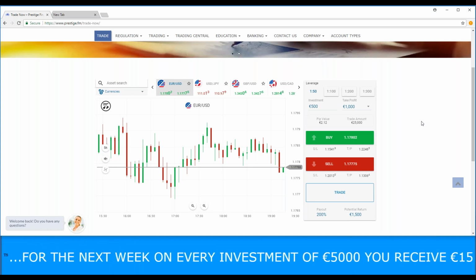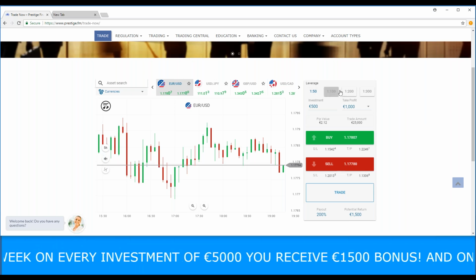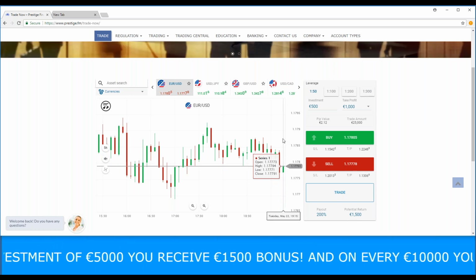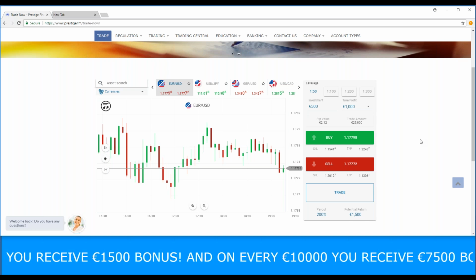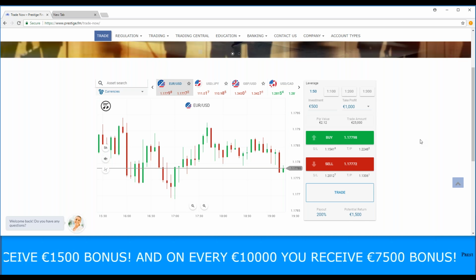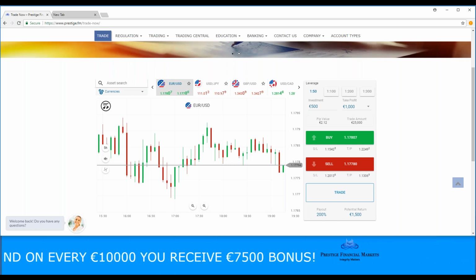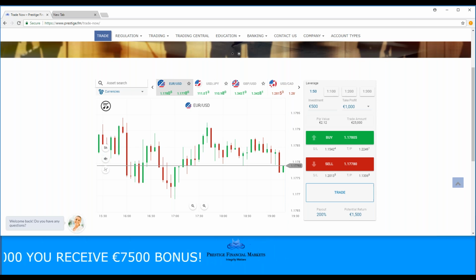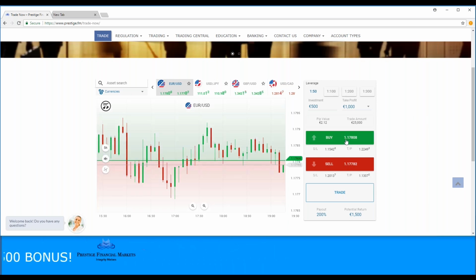So the key thing to understand is leverage: with leverage you increase risk. Of course, pip value is the smallest movement of price, and the next thing is spread. Most newbies are confused by this spread thing. So what is the spread? Spread is the difference between buy and sell.